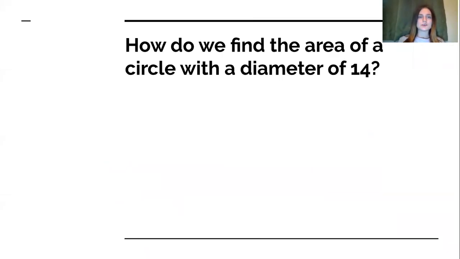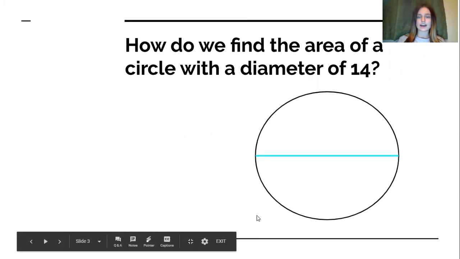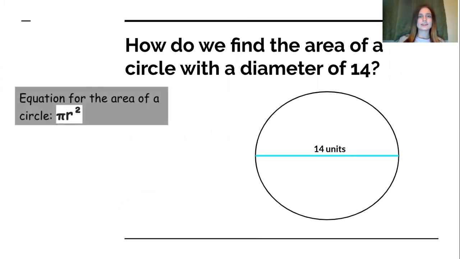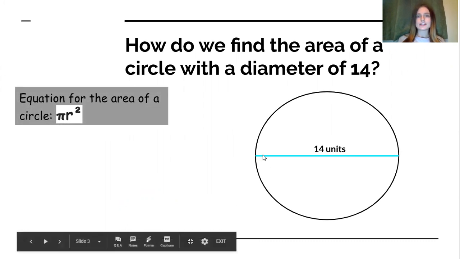So for question 2, how do we find the area of a circle with a diameter of 14? So here's our circle and our diameter. So to find the area of a circle, we have to know the equation to find the area, which is pi times radius squared. So to find the radius of a circle, a radius is half of the diameter.